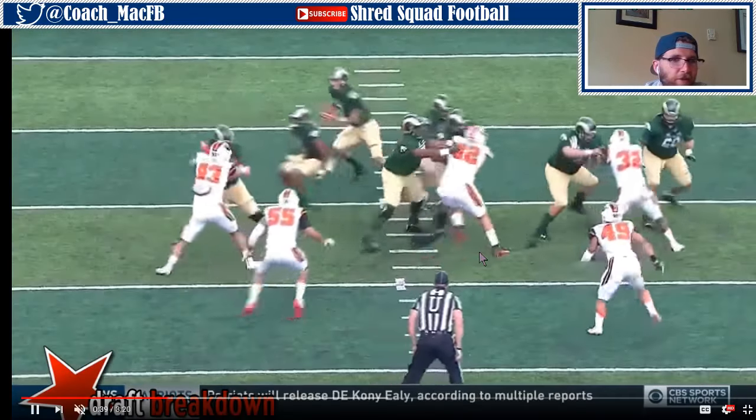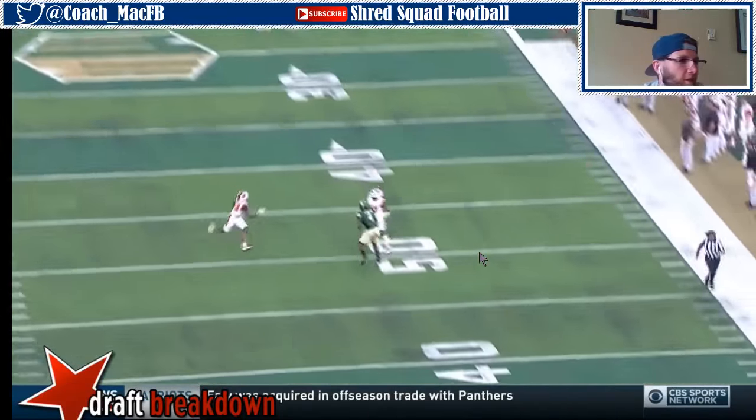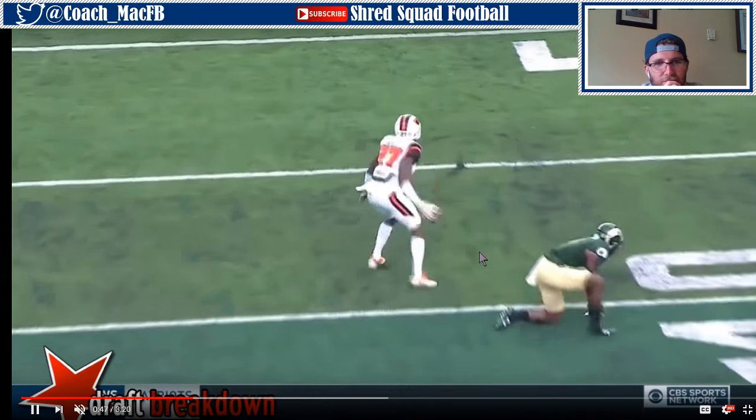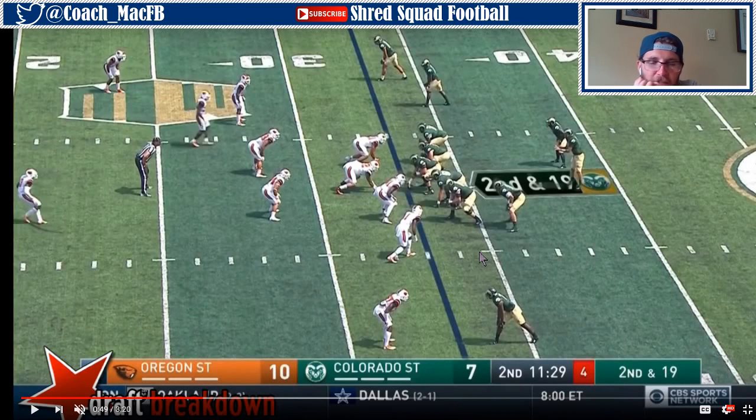They just showed the other angle. Wait till you see the other angle. Yeah, that's bad. Did you see the back end zone angle? Yeah, oof. You got destroyed. That was bad. All right, so now he's going to be at the bottom of the screen. Give it a few seconds here.